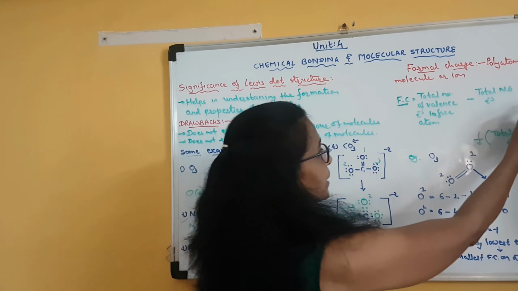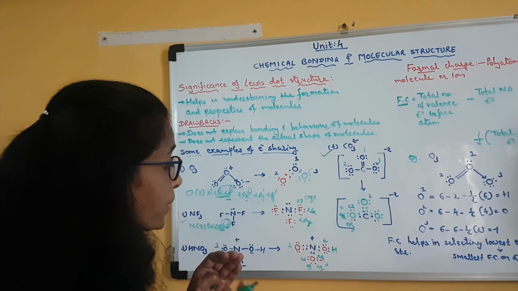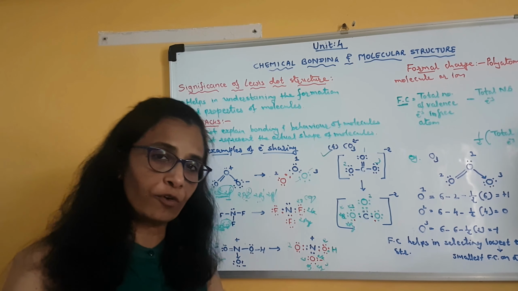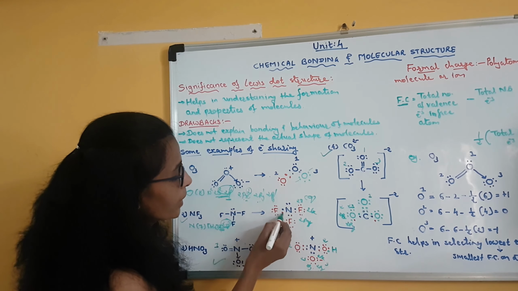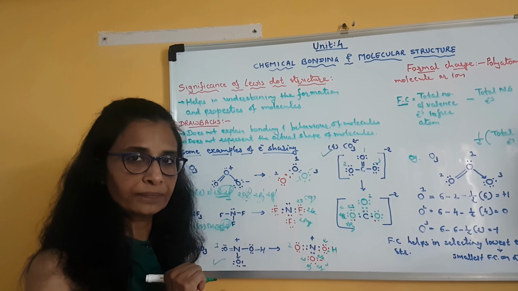Clear? Minus half of the total bonding electrons. Bonding electrons, whatever bonding electrons are there, we have to take half of that. Clear? For example, in NF3, bonding electrons are a total of 6. So half of that means 3. Clear?